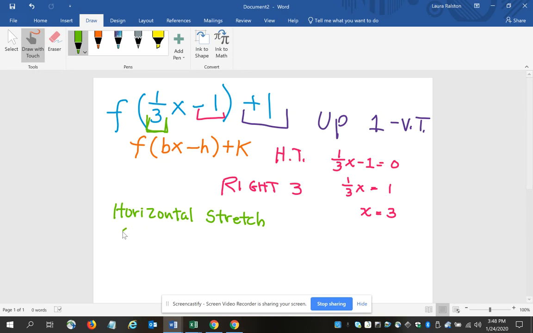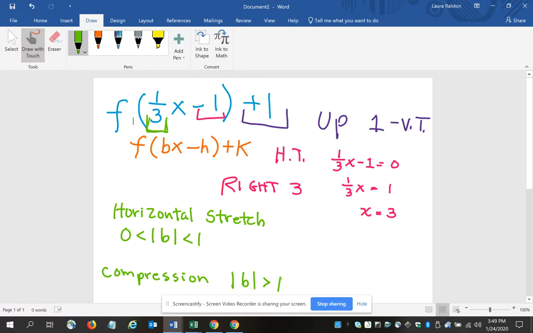The rule says if the absolute value of b is between 0 and 1, it's a stretch. It's a compression if the absolute value of b is greater than 1.